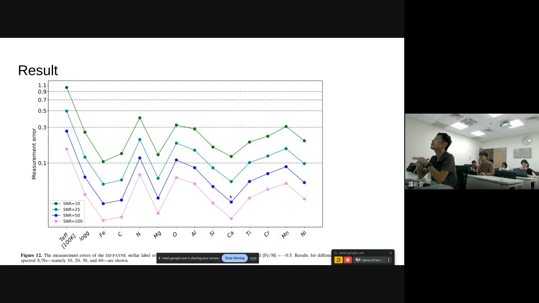Machine learning can also return the error. The error is like the difference between the actual value and the predicted value. So it's in units of index for metallicity.